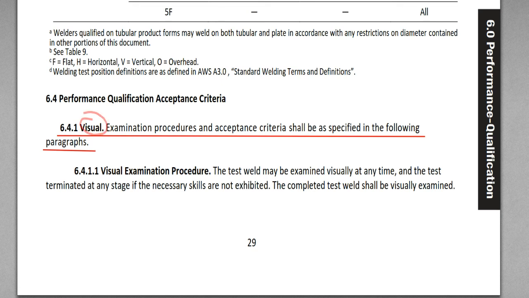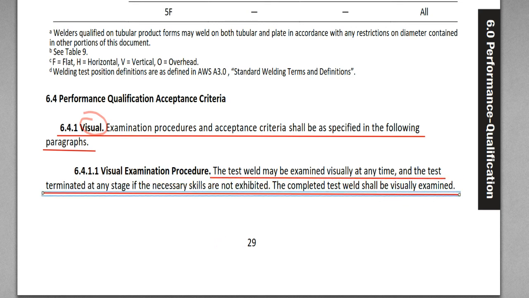Visual examination shall be followed by the 6.4.1.1 visual examination procedure. Test weldment may be examined visually at any time and tests terminated at any stage if necessary skills are not exhibited. The completed test weldment shall be visually examined. The test weldment may be examined visually at any time, and anytime you can terminate. If you're the inspector, you can just terminate the visual examination if you don't like this weldment.